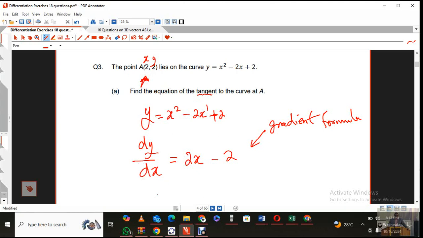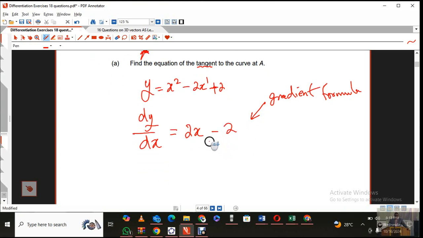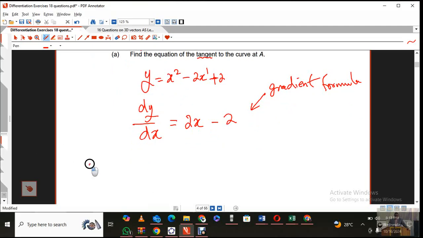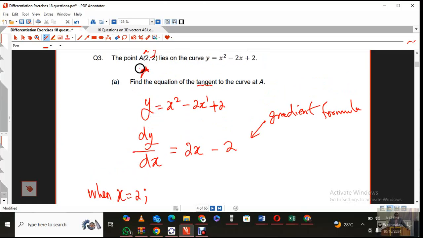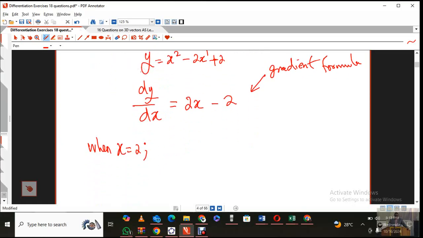So if I have to then find the gradient, so we say when x is equal to 2, of course that comes from my point that was given to me, point A, then you're going to have 2 times that particular 2 that we have calculated, so that's 4 minus 2. The gradient happens to be 2.